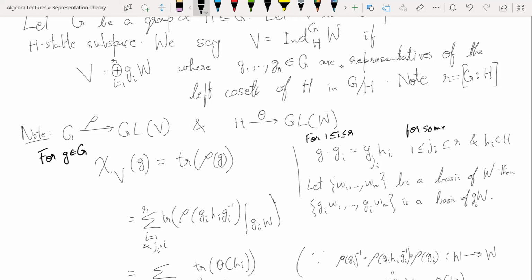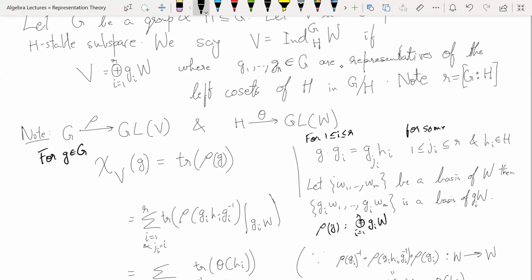So I'm trying to look at how rho(g) acts on these individual pieces. I'm trying to look at the action of rho(g) on this direct sum of g_iW, i equals 1 to r. So on g_1W it will act by sending g_1W to g_j1W.